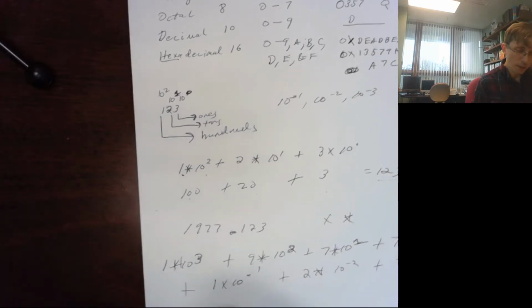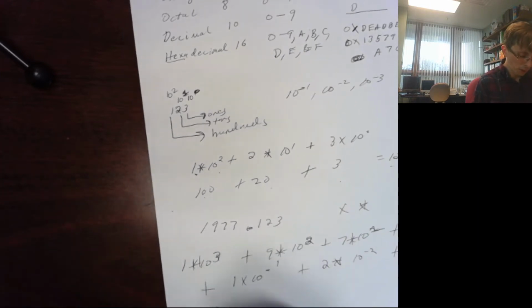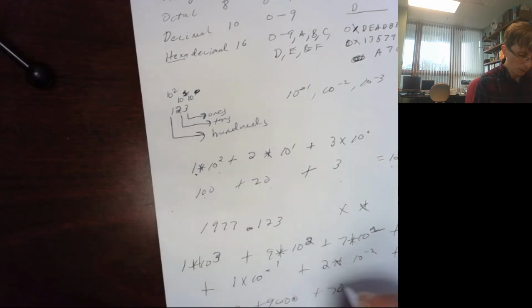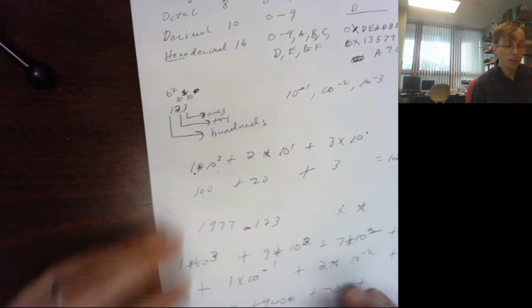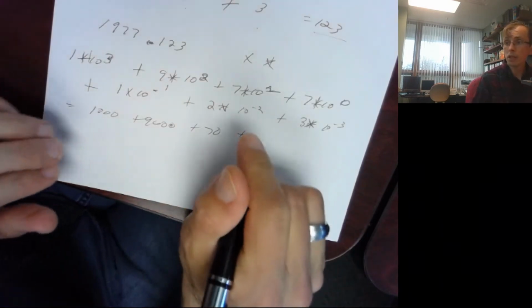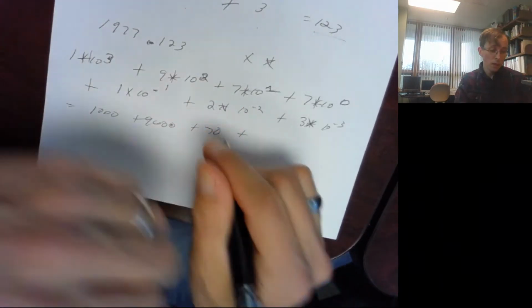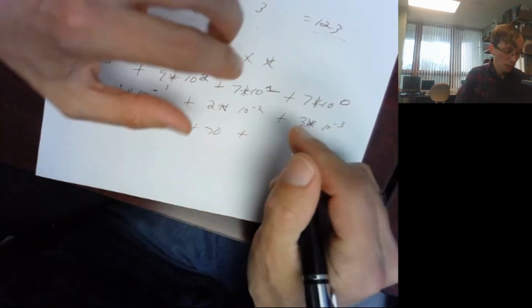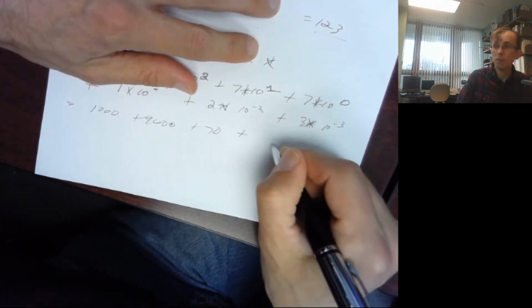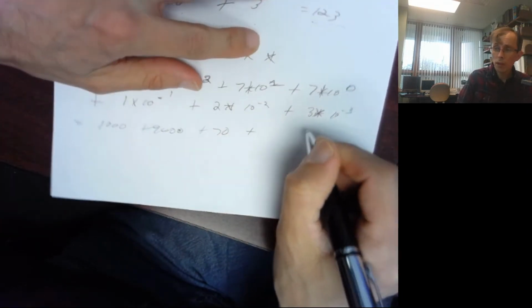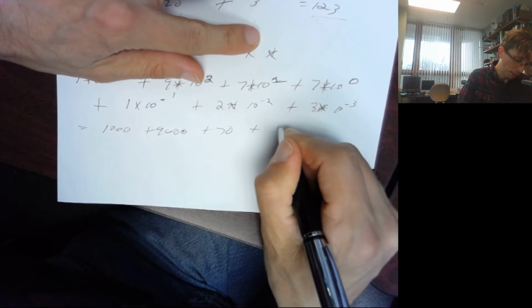And then we can just go through and get those values, right? So we get the 1,000 plus the 900 plus the 70 plus the 7.